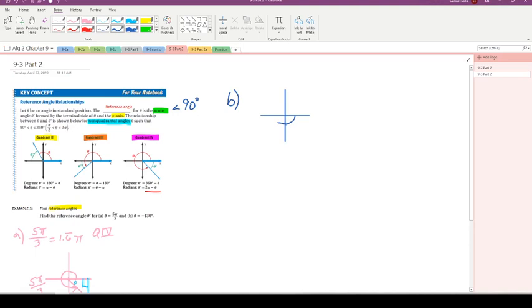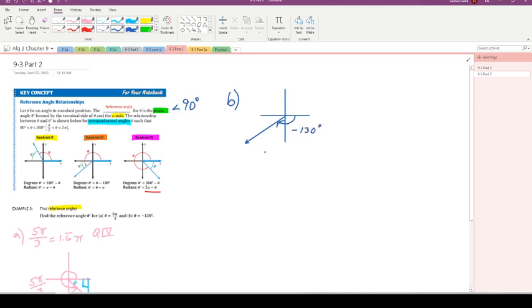Remember that this is now going the opposite direction, so this is 90, 180, but it's negative. So my angle is going to be there. Let's just draw a line, which gives me that. So my angle is this, and that is negative 130. Let's identify that as negative 130 degrees.